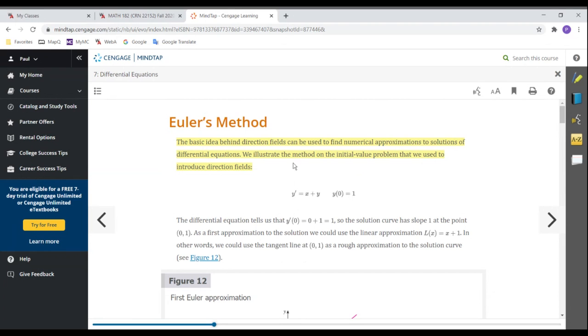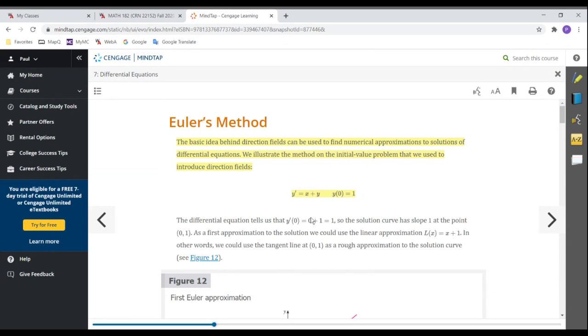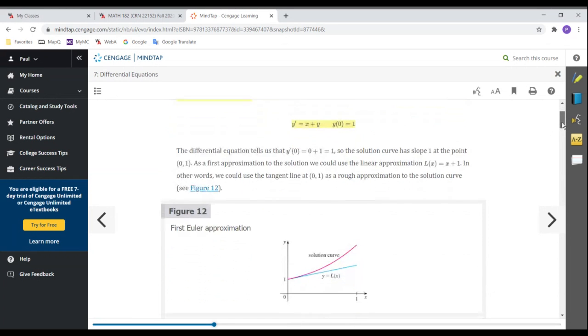And what the textbook does is illustrate the method on an initial value problem, and you've seen this one before. We have y prime, dy/dx, equals x plus y, with an initial condition that y of 0 equals 1. That's our standard example in the book.